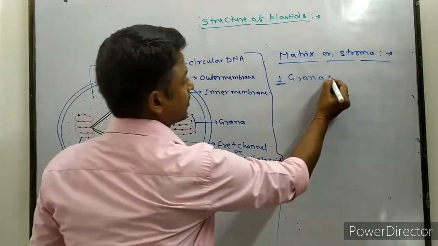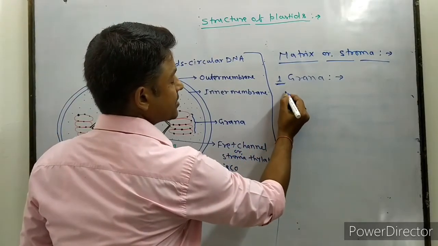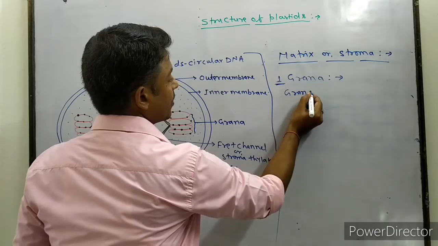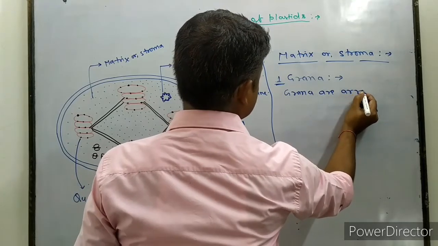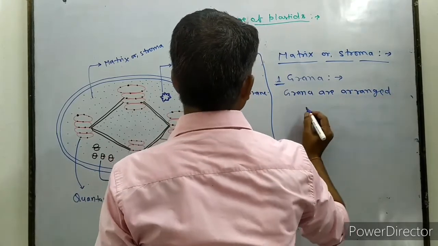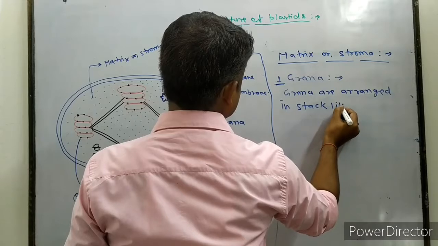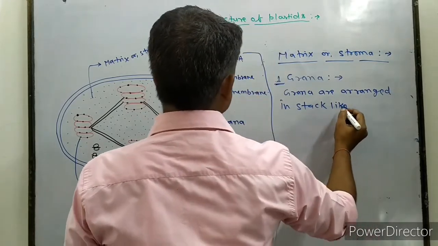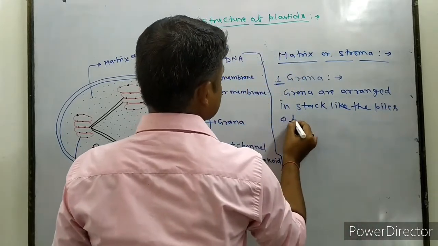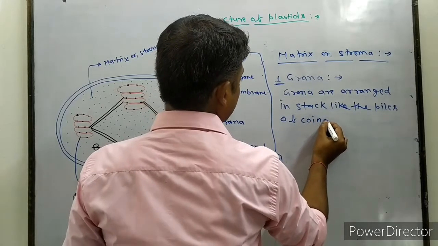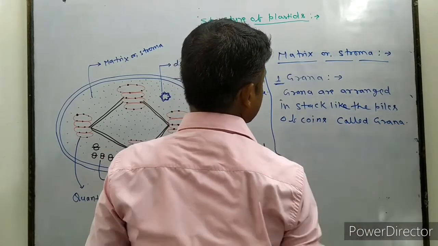grana. What is grana? The answer is thylakoids arranged in a stack like piles of coins are called grana.